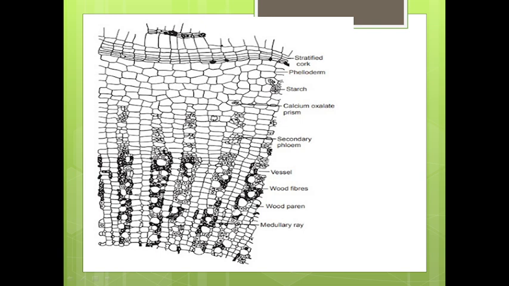The xylem consists of xylem vessels, fibers and xylem parenchyma. These are the medullary rays, alternating with the xylem vessels.